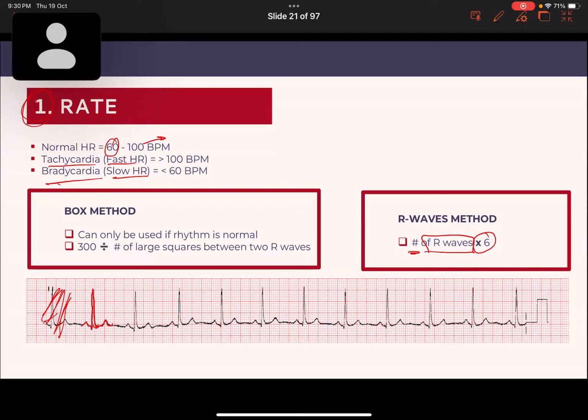And then we move on to the second heartbeat. The P wave, followed by the Q wave, then the R wave, then the S wave, which is not present here, and then the T wave. Okay, and moving on. Can any of you help me find the rate of this ECG using the R waves method?